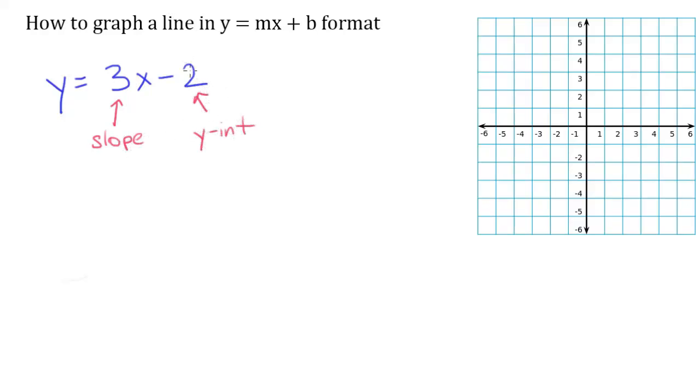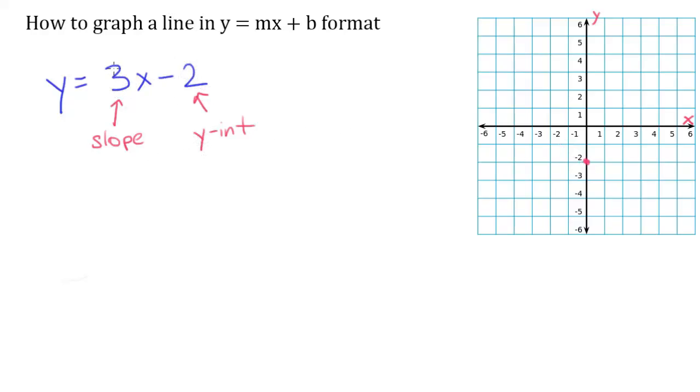This is where I always like to start. I know that this line crosses the y-axis at negative 2. So remember, here's our x and here's our y. You just go to the y-axis, you go down 1, 2, and put a dot there, because we know that this line crosses the y-axis at negative 2.